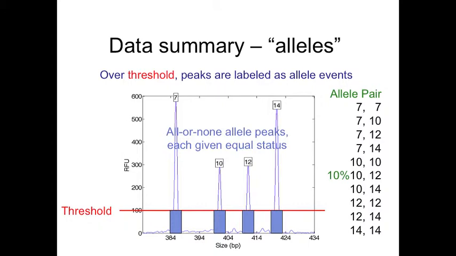So a line is drawn, and the all or none alleles that result from the thresholds, if you were to list all possible pairings, which is what this method does implicitly, there could be a 7 and a 7, a 7 and an 8, a 7 and a 10, a 7 and a 12, and so on. There'd be 10 possible pairings, and this interpretation method of the mixture data that people do assigns equal likelihood to all 10 possibilities.